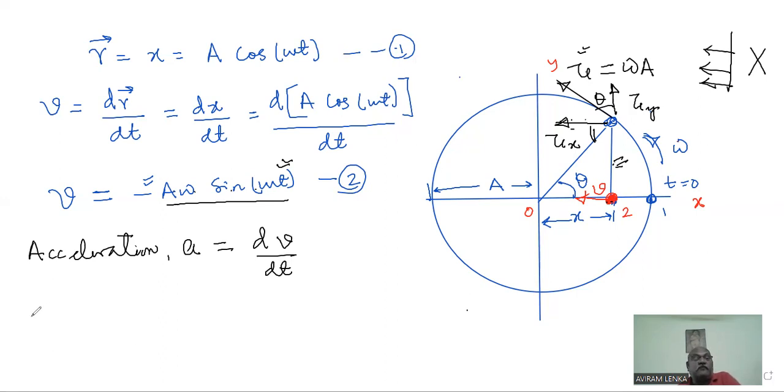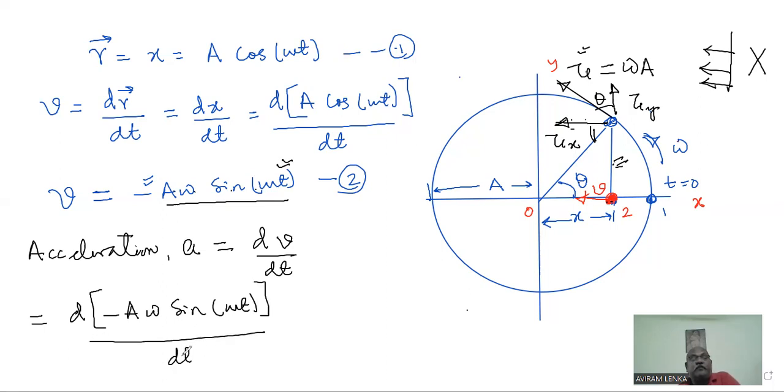So if I do find that, then the derivative of the velocity, minus a omega sine omega t, with respect to t, will be following the sin nx rule.